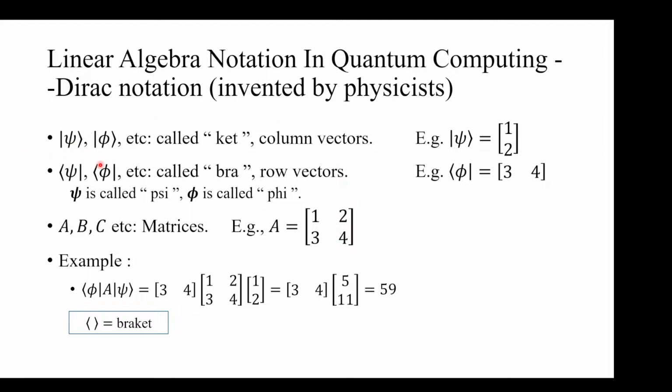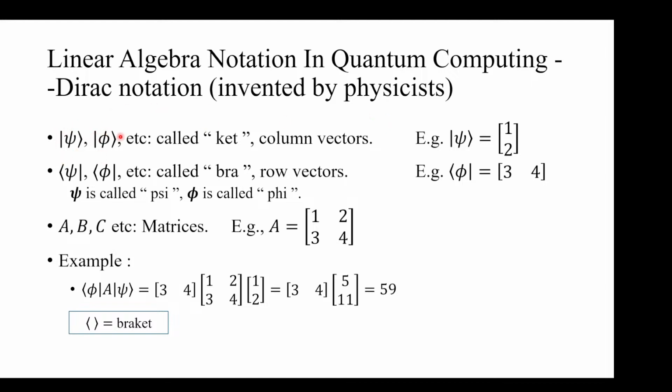We were writing this weird ket notation in our quantum information intro, and this is called Dirac notation. Those are basically linear algebra notations for physicists, and because of the physics background in quantum computing, this is also the standard notation of linear algebra in quantum computing. So we will write symbols like this.